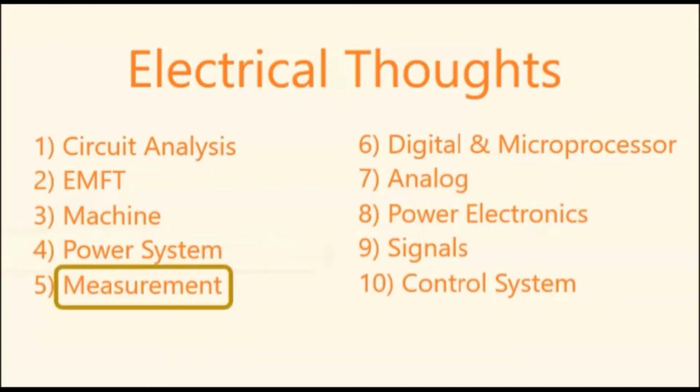Then we will approach measurement. This topic will contain bridges and potentiometer, measurement of basic parameters, instrument transformers, digital multimeter, phase and tone measurement, CRO and error analysis. Next would be digital and microprocessors.